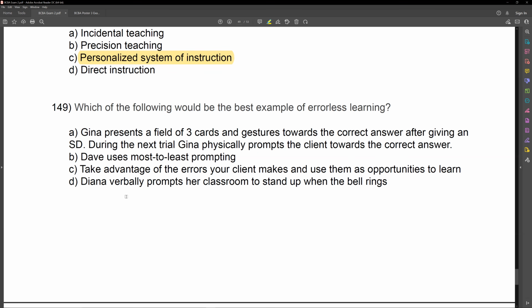We're using errorless learning. We don't want to take advantage of the errors. We don't want any errors. And then D, Diana verbally prompts her classroom to stand up when the bell rings. Again, a verbal prompt does not ensure errors won't be made. The best answer here to ensure errorless learning is using most to least prompting, meaning we're going to use the most prompting necessary to avoid errors.